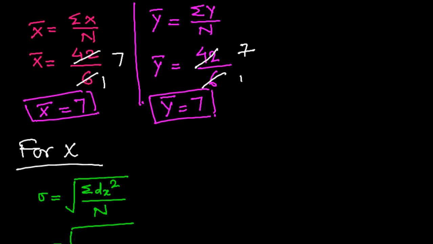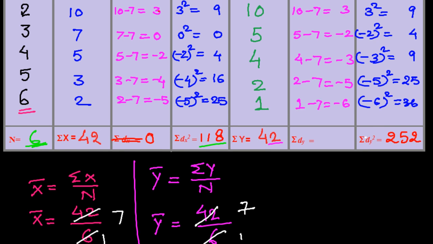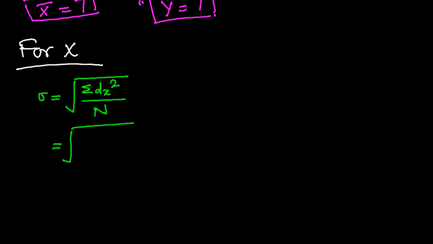Just a moment. Summation of dx square is 118, and n we know that it is 6. The total number of data is 6. So dx square 118 over 6.